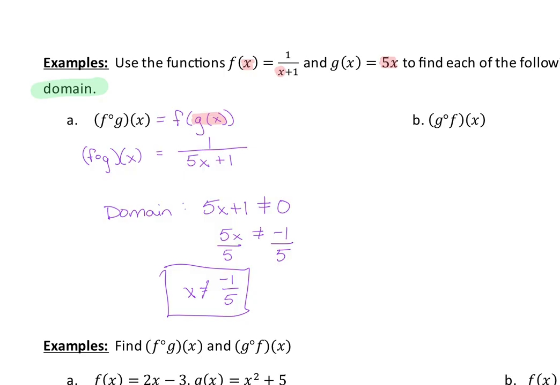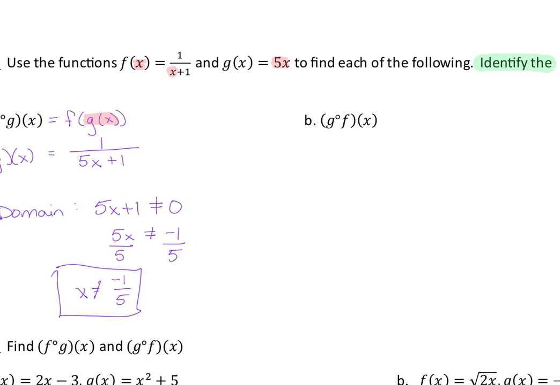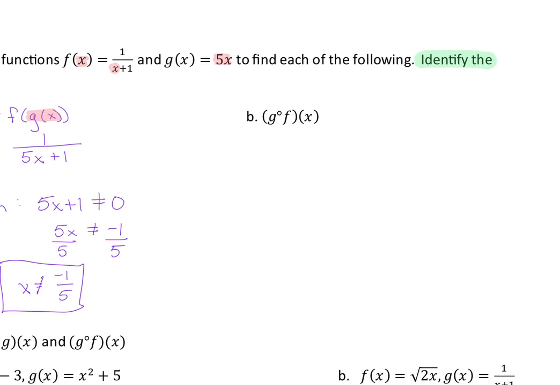All right, let's come over to the second one. We want to find g of f of x. And so for this one, what we want to do is we want to replace our x in our g equation with the function f of x.